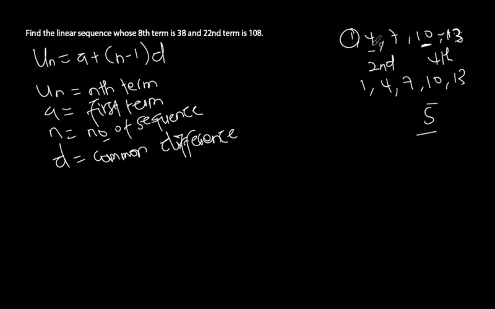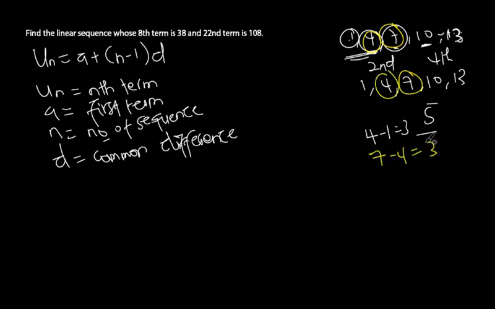Now the common difference is given by subtracting these first two values. So you subtract 1 from the second term. In this example, you can use 4 and 1, so it will be 4 minus 1, which is 3. Or you use 7 and 4, so 7 minus 4, which is also equal to 3.